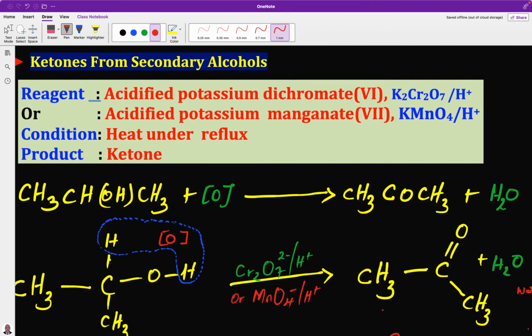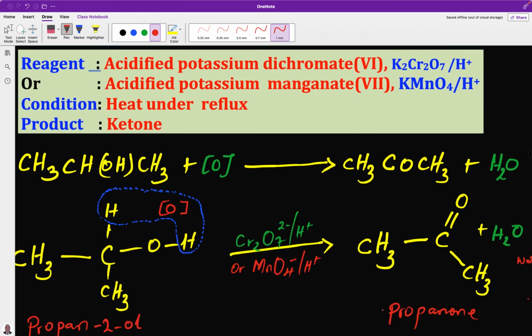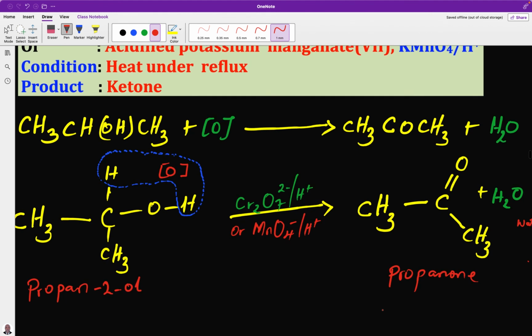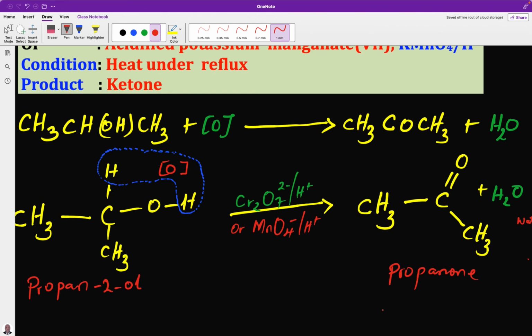We went further to the preparation of ketone from secondary alcohol. We use the same reagent. Any of the reagents could be used, and heated under reflux. Using our example of propan-2-ol, we had propanone and a molecule of water that was eliminated.